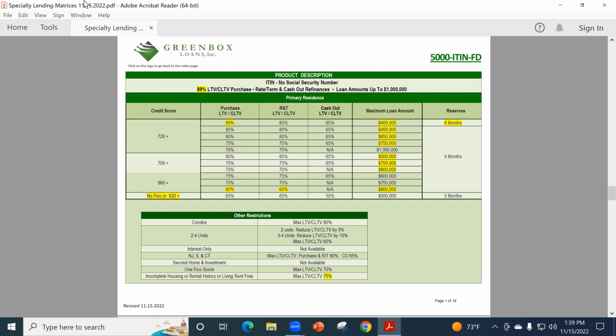For the lender paid option, we only offer that for investments. Unfortunately, we don't offer it for foreign national or ITIN DSCR. We do have it for our regular elite DSCR. 1.5 is the max lender paid, which is a 1% hit towards the rate.